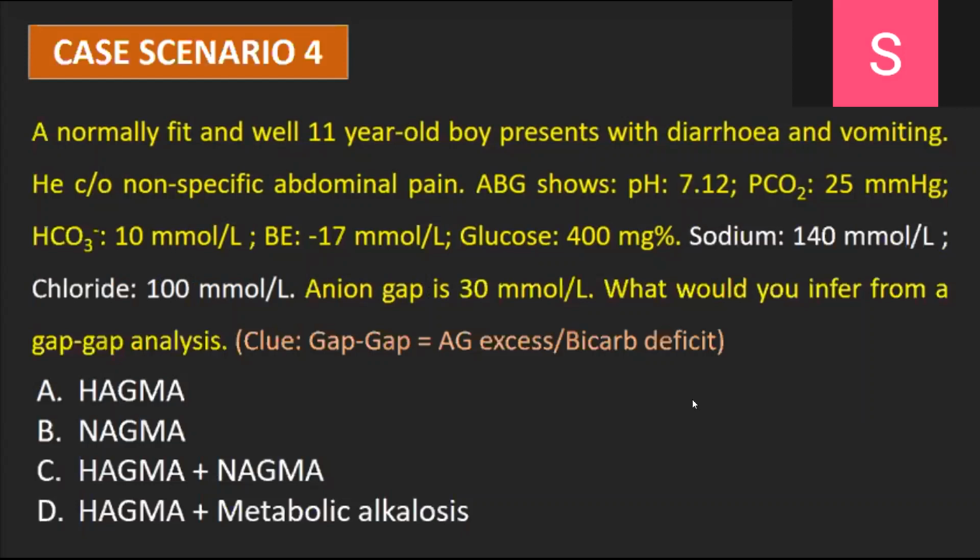So 30 minus 12 gives us 18, divided by 24 minus 10, which is 14. So 18 divided by 14 will be 1.2. Since it's more than 1, this shall be a high anion gap metabolic acidosis plus metabolic alkalosis. You're absolutely right. Correct.